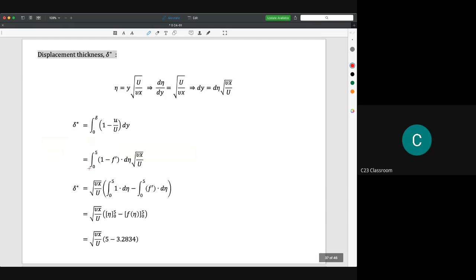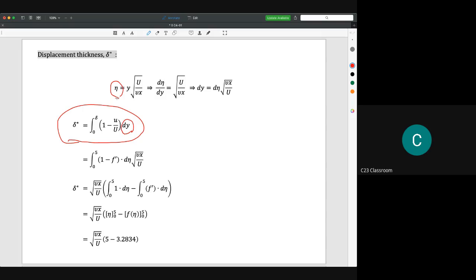Okay. Next, we go for the displacement thickness. So this is the equation of the displacement thickness. It is the common equation, but we have a problem because this equation is with dy. We don't have any term of dy. We have eta. That means we need to rearrange this equation to suit eta.